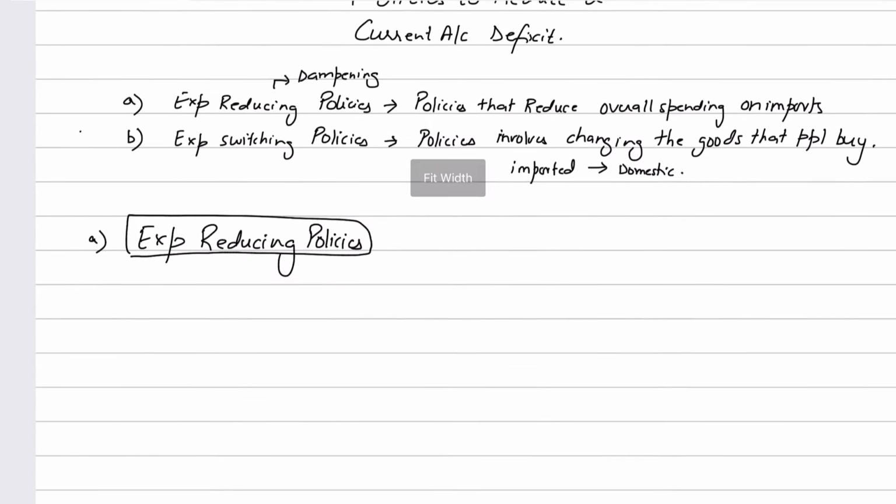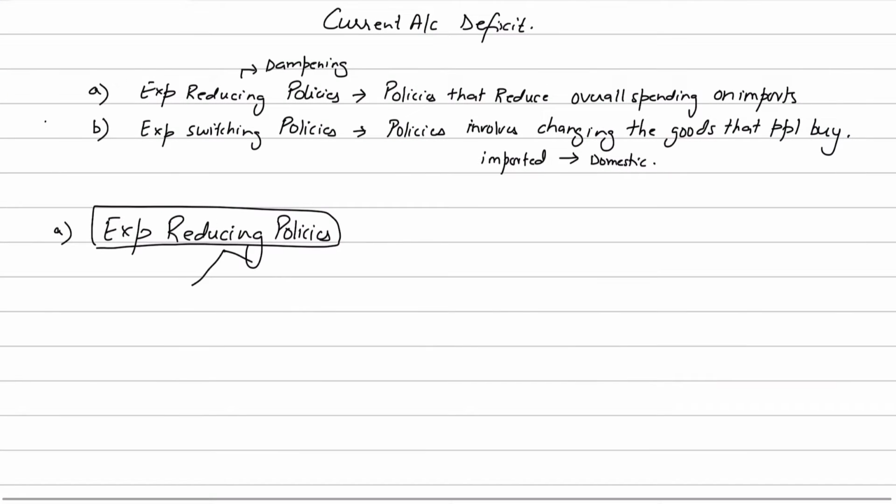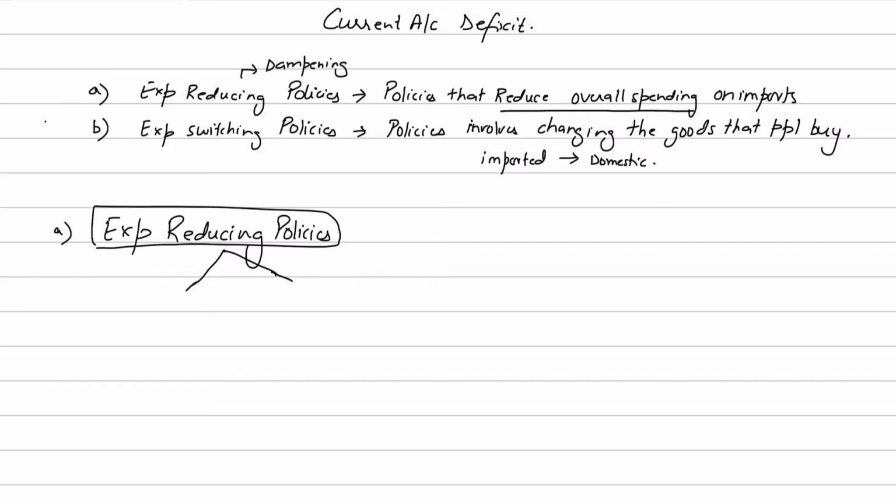Now, guys, as I said, expenditure reducing policies try to reduce the overall spending on imports. So the aim of the policy is basically to cut down the level of aggregate demand. So we need to reduce the aggregate demand.